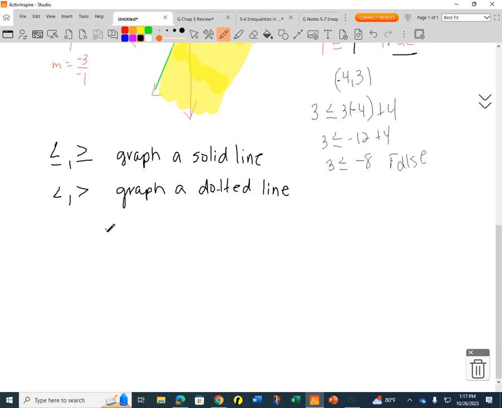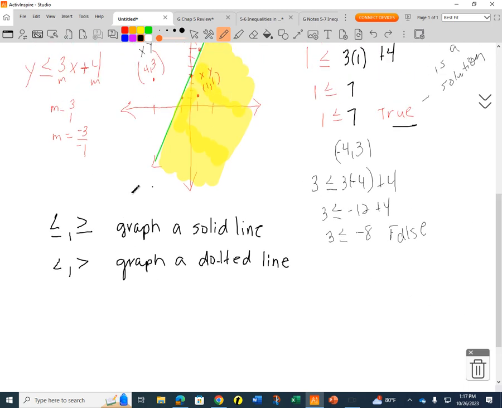The next thing we need to know is, how do you know which way to shade? So now for the shading, less than or equal to, we shade down, and I'll talk to you about what that means.